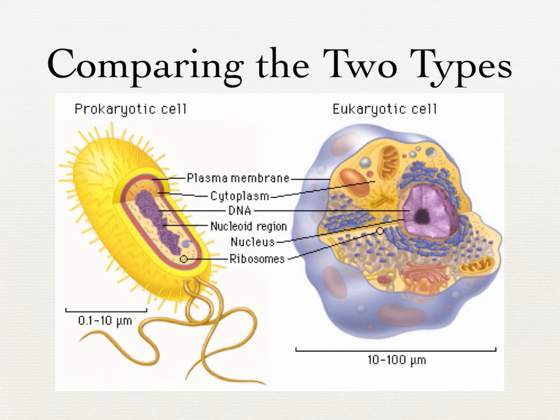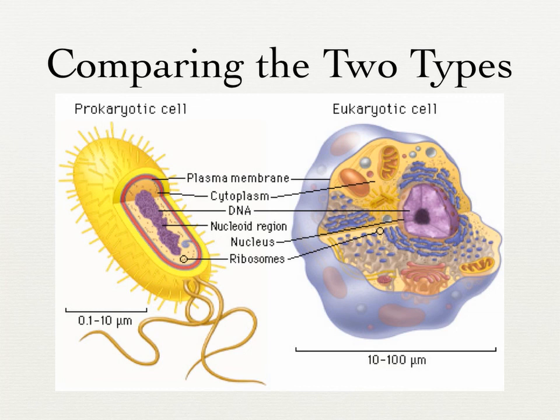The DNA, that's that purple, looks like shoelaces or spaghetti. It's all wound up there in the middle. Whereas in a eukaryotic cell, all the DNA is nice and tightly located within that nucleus. You can also see in the prokaryotic cell that there are very few organelles. It has ribosomes, but not a whole lot else. Whereas in the eukaryotic cell, there are a lot of different organelles there.